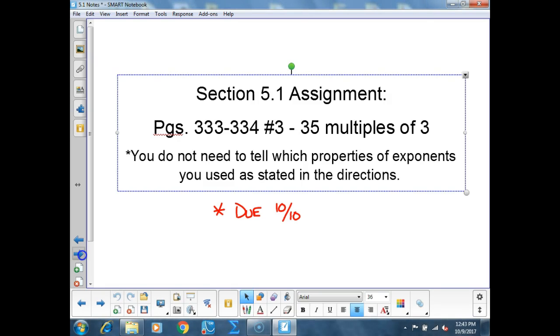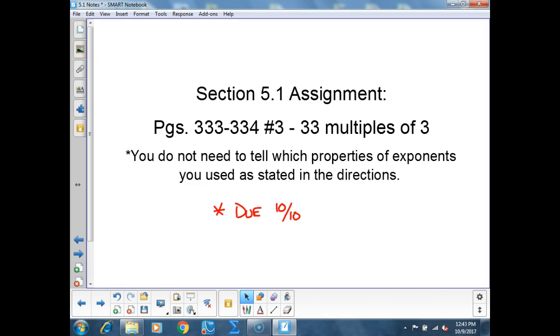I think on the old one I went bonds. Add to a. Okay. So we'll go there instead. Okay. Second thing is, there's a couple of ones where it says tell which properties of exponents you used. Okay, you don't have to do that.